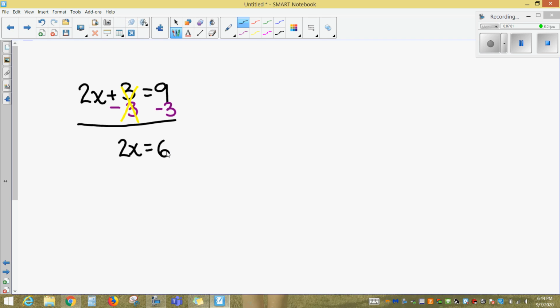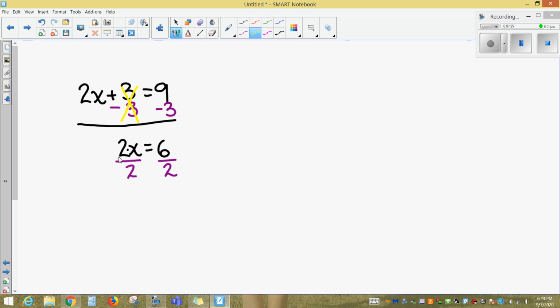So after I've used addition and subtraction to separate my x's, get them on one side of the equation and my numbers on the other, the last thing we want to do is take care of these coefficients. Since the 2 and the x are hooked together with multiplication, I can undo multiplication by using division.